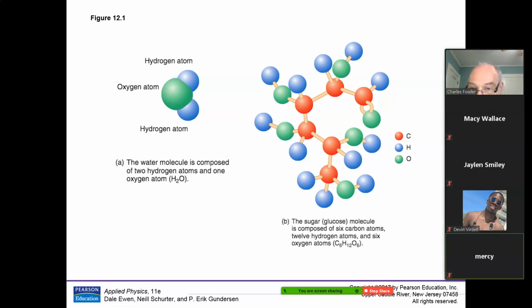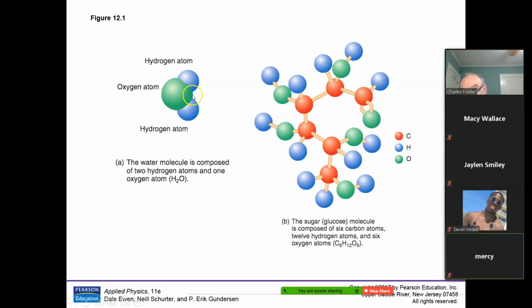Always is. Now, one of the ramifications of that makes water a very strong solvent. This side tends to be a little negative, this side tends to be a little positive. We call that a polar molecule because the hydrogens are congregated on one end and the oxygen is bulging on the other end.